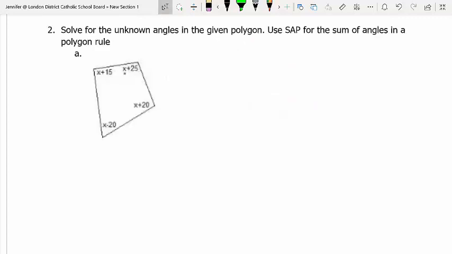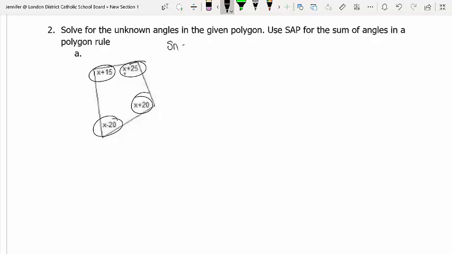Alright, solve for the unknown angles. Use SAP for the sum of angles in a polygon rule. So when we say the rule that we're using, we can use the short form SAP. Okay, so this is a 4-sided shape, and we need to find x. So we need a way to relate all those 4 interior angles. Okay, and the way we will relate them is using the sum of the interior angles formula.